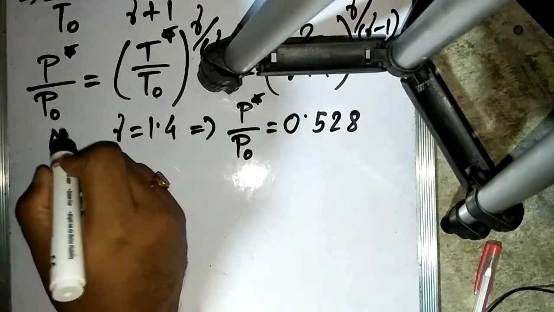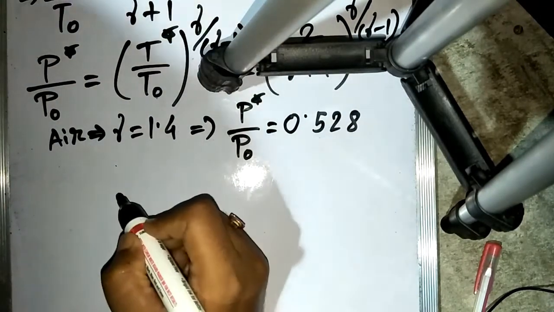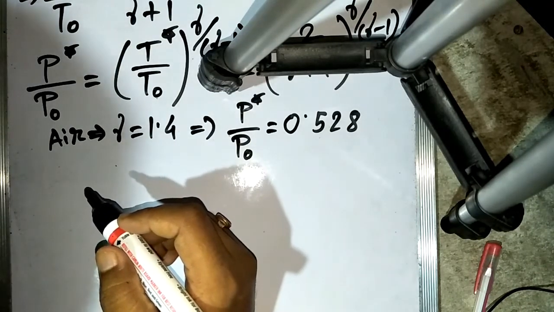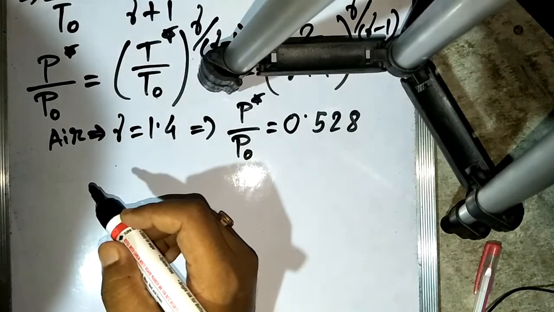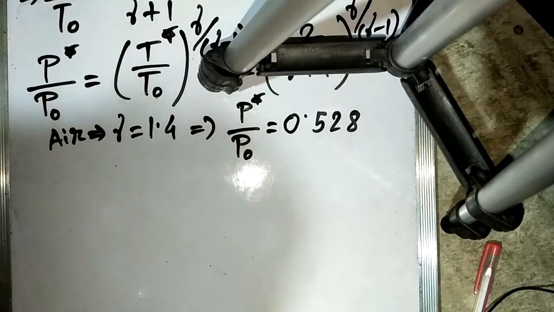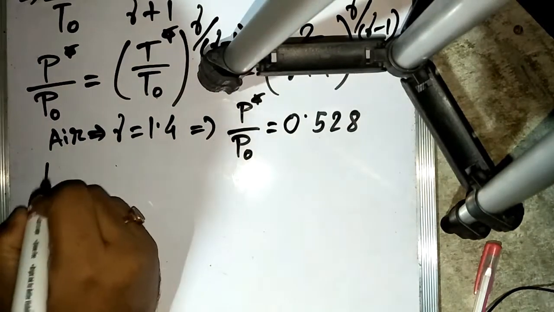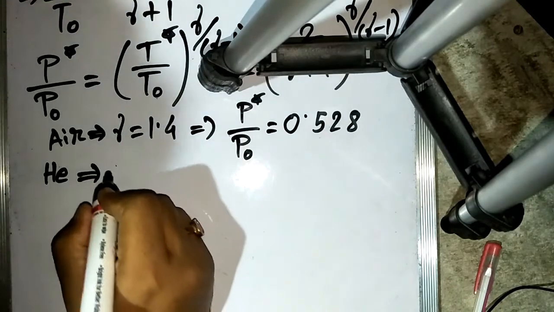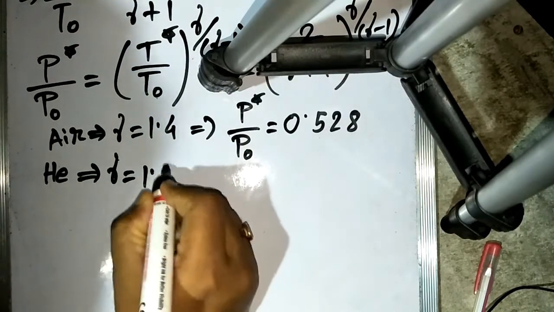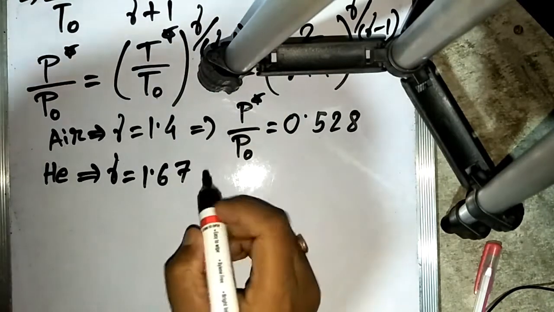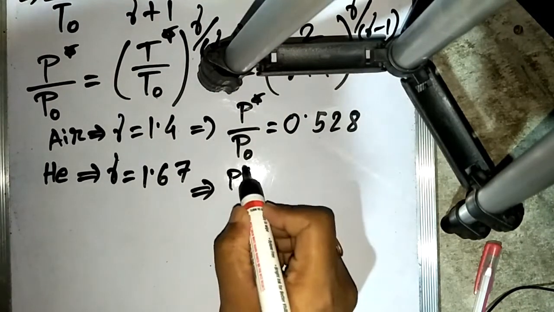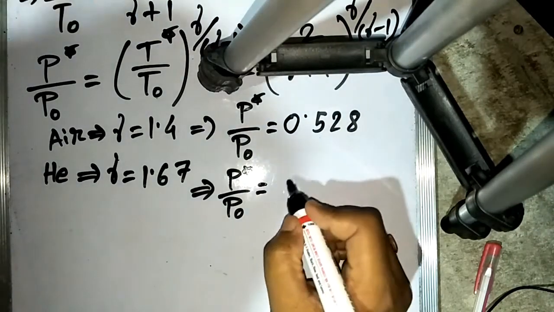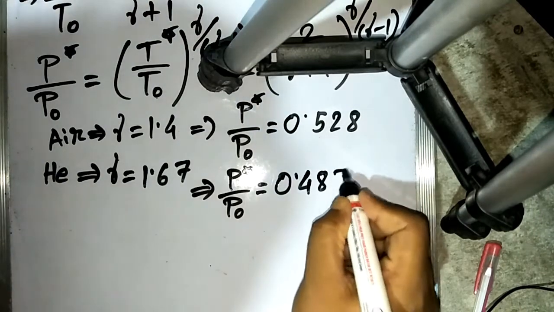Now let's see another fluid. For helium, gamma equals 1.67, so P star by P0 for helium becomes 0.487.